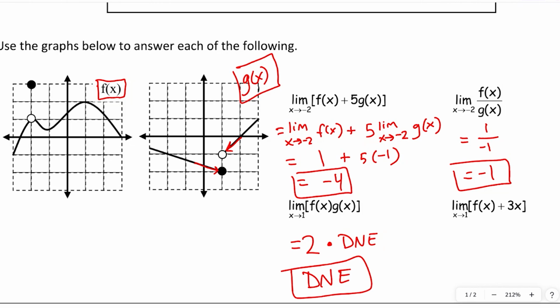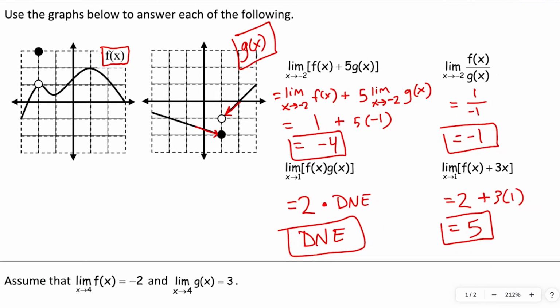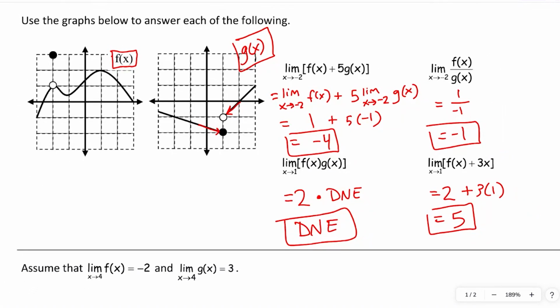You can use direct substitution on that one. So we've got 2 plus 3 times 1, which is 5. So that's how these properties work. You can see how we don't really need a whole day to go over this, I think. Let's do just a couple more examples, and then we'll talk about infinite limits.